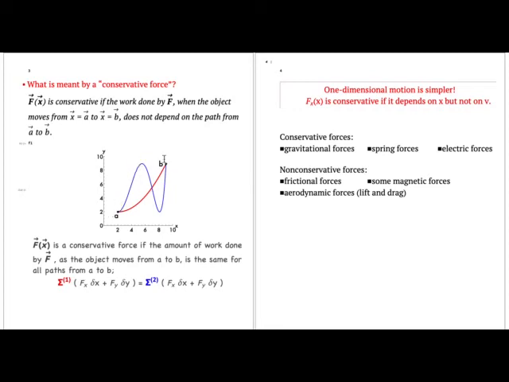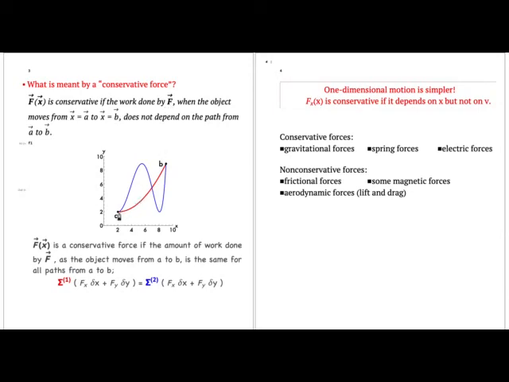Now, F is not necessarily the only force acting on the mass that we're talking about. It could be other forces. But we're only considering the work done by that one force, F.